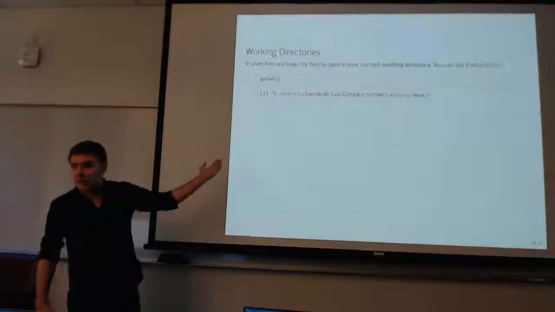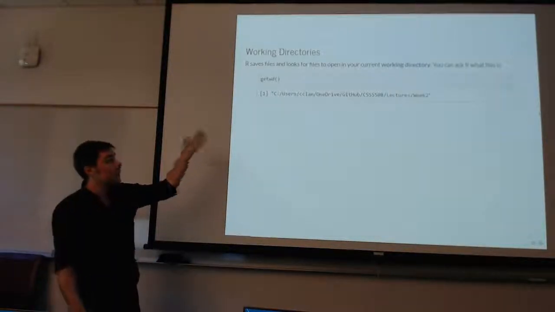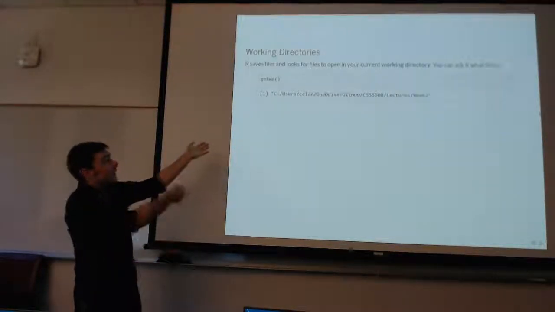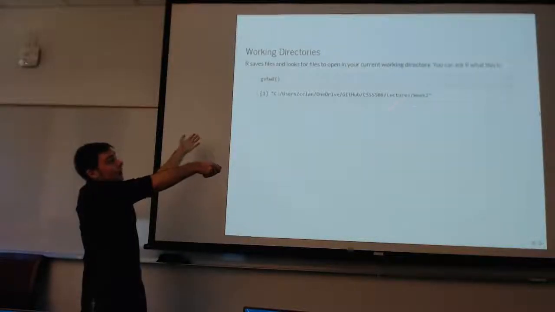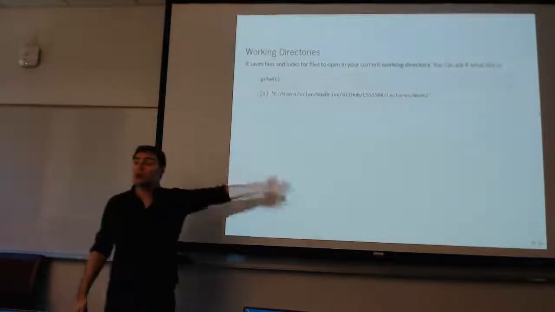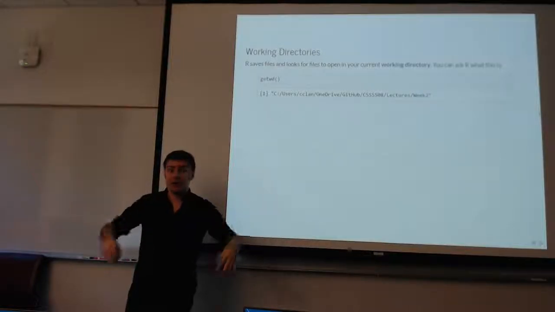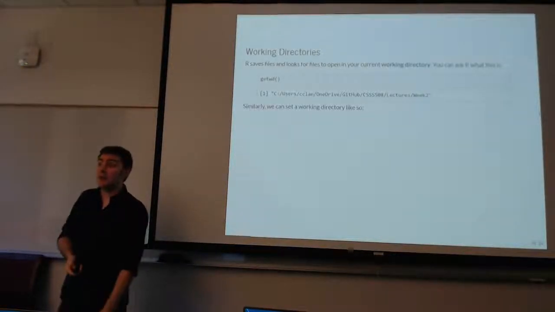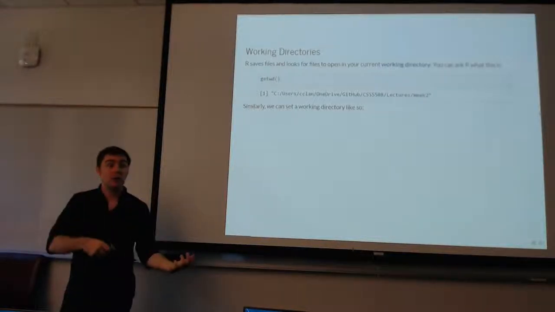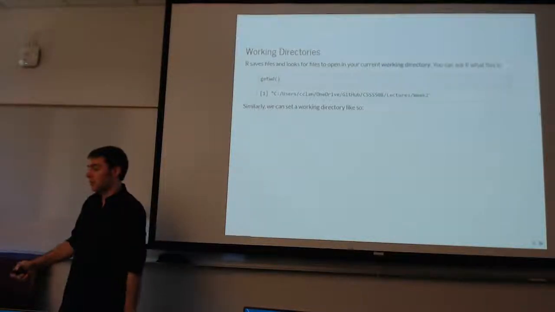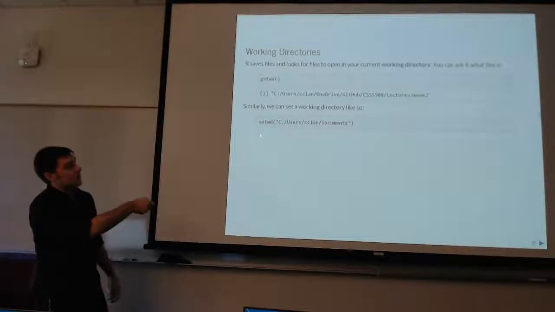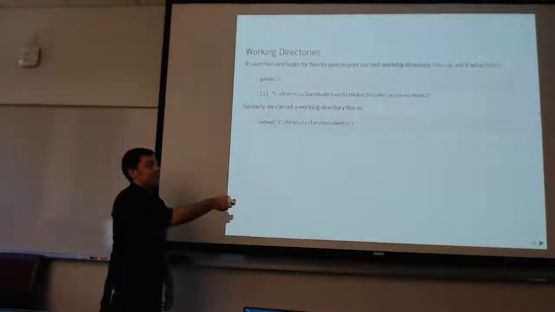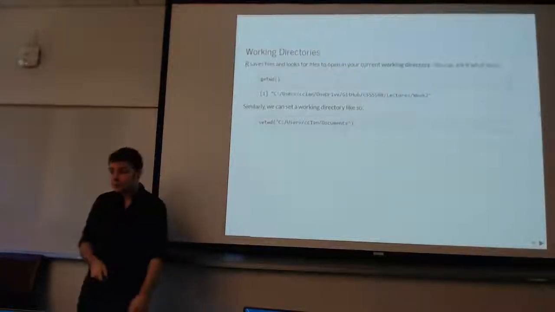This, for example, is the working directory for this lecture: it's in my OneDrive, class lectures, week 2. That was the folder that all of the files for this week's lecture are located in. If you want to set a working directory and make R look in a particular place and automatically save stuff there, you just use setwd and then give it a file path.